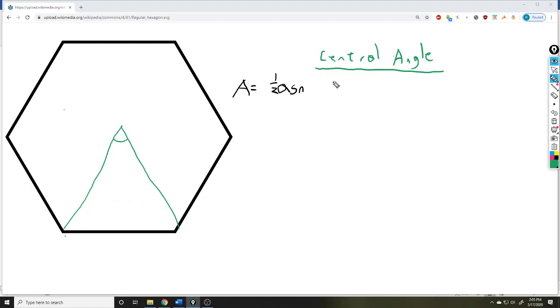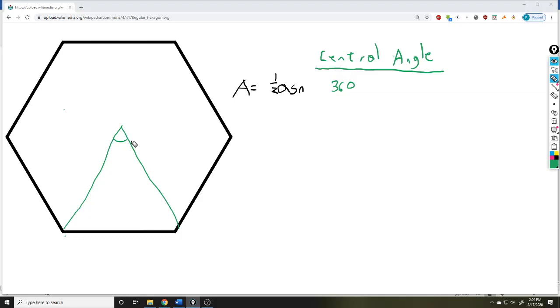So 360 is my distance all the way around. The idea is that I'm splitting this into a bunch of different triangles, and by doing so, I'm dividing it so that each triangle is equal.